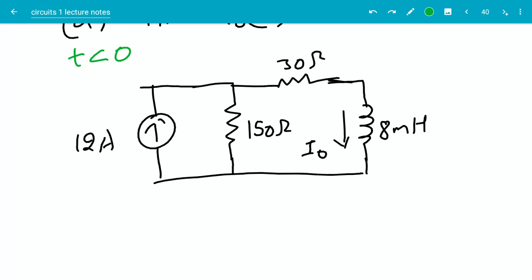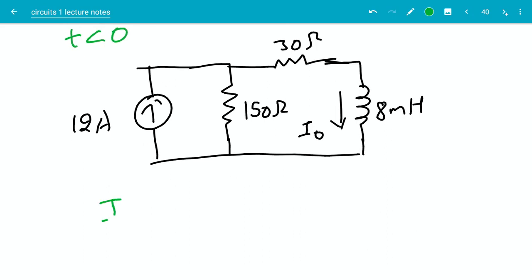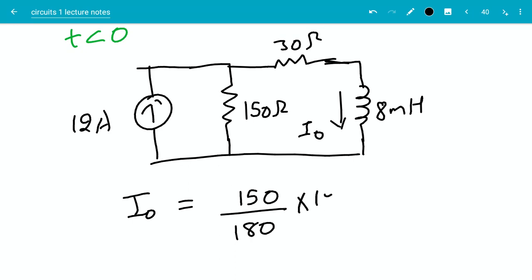That means the 150 and 30 ohm resistors are in parallel. Using the current divider rule, I0 should be equal to 150 divided by 180 times 12. So this will be 5 over 6 times 12, which is equal to 10 amps.